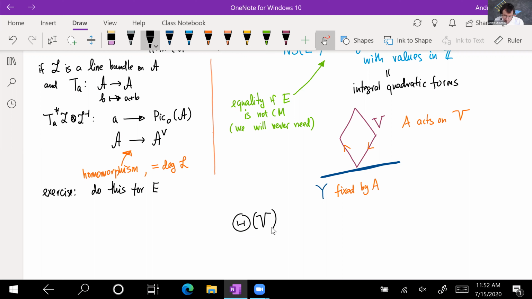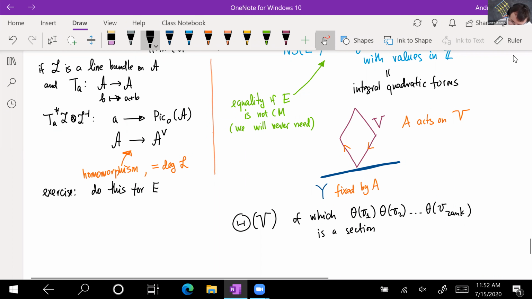So this is kind of like a section of a product of theta functions of its Chern roots, which is a section.